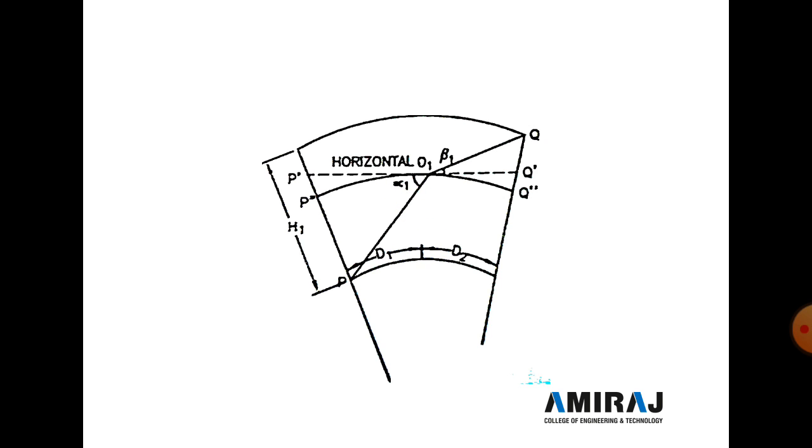When we apply alpha 1 as tan alpha 1, d1 times tan alpha 1, we get the exact value of P double dash, which we assume as c1. Similarly we find Q double dash, which we take as c2, an assumed value, and Q dash plus Q double dash is d2 tan beta 1, where we find d2 by the measuring tape or chain.